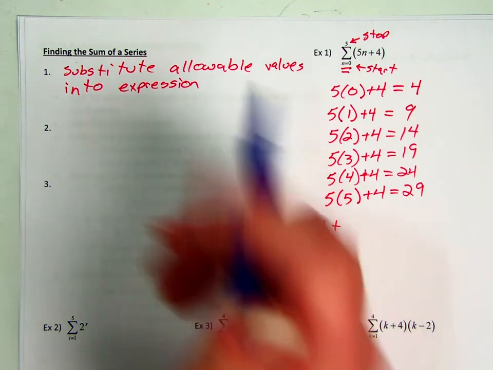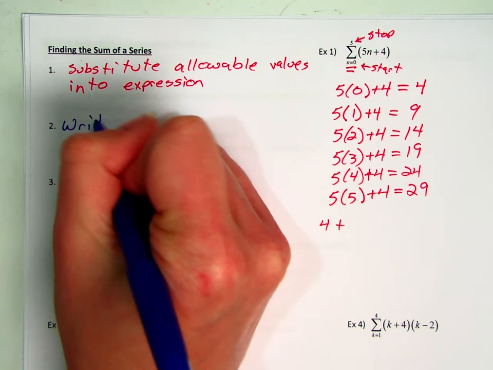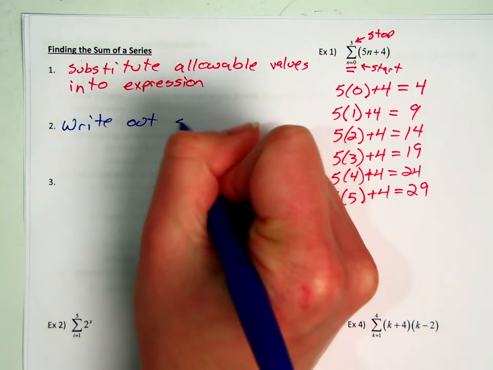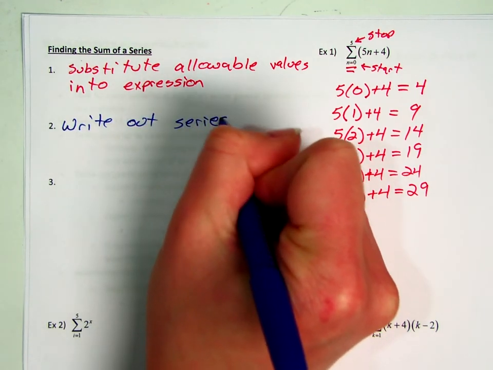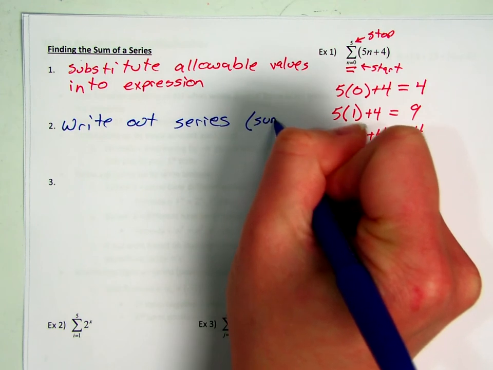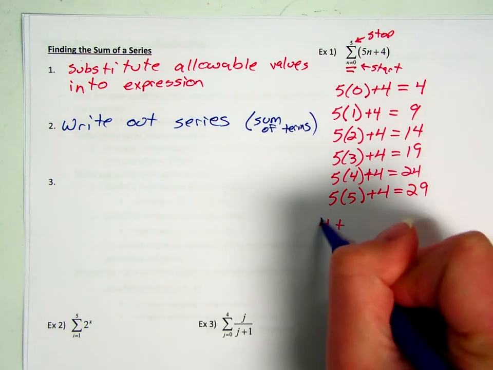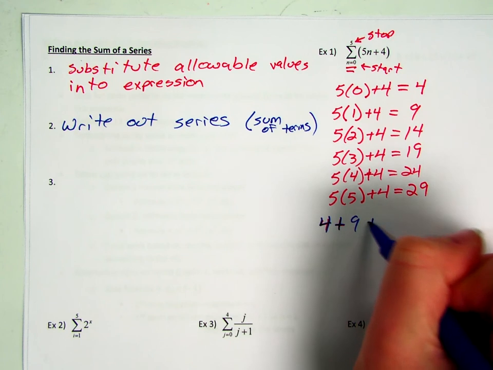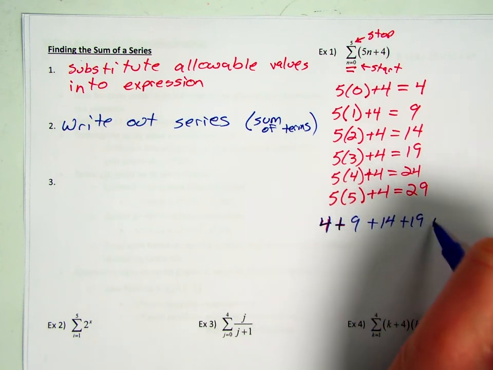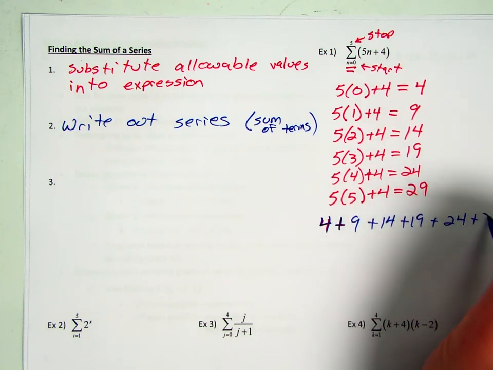So then once we've got that, step 2 is to write out the series, which remember is the sum of the terms. So it would be 4 plus 9 plus 14 plus 19 plus 24 plus 29.